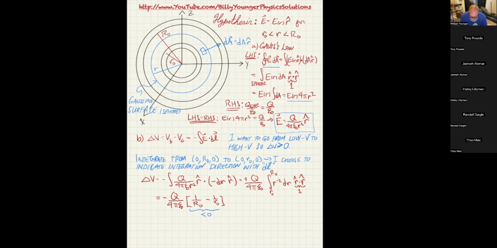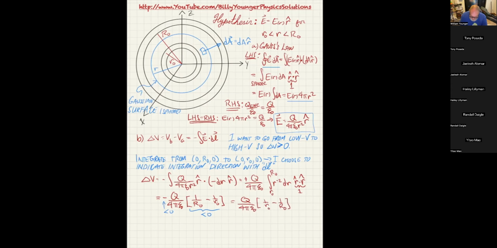Okay. And there's a negative sign here too. So we can reverse the order and make it positive, and we'll get Q over 4 pi epsilon naught. And now I'm going to get a common denominator. I've already flipped the order. The order is going to be 1 over little r0 minus 1 over big R0, like that.